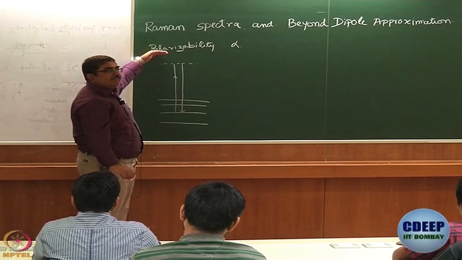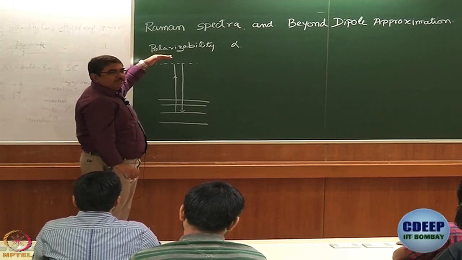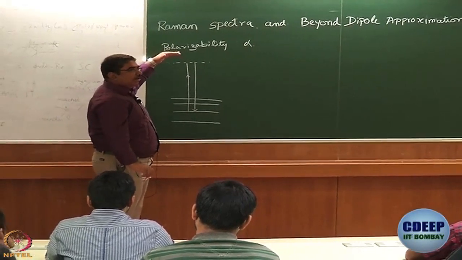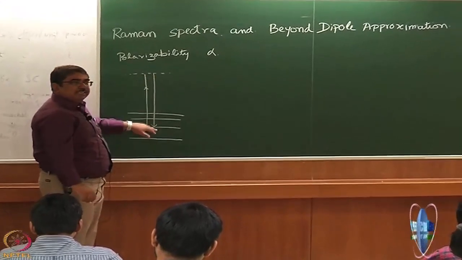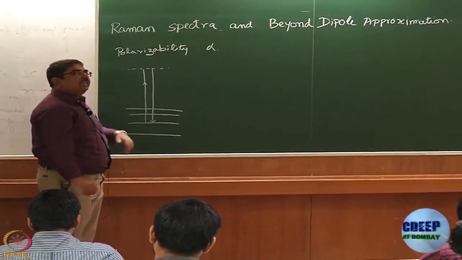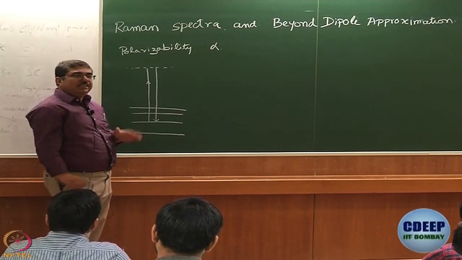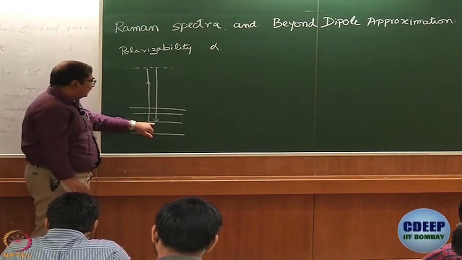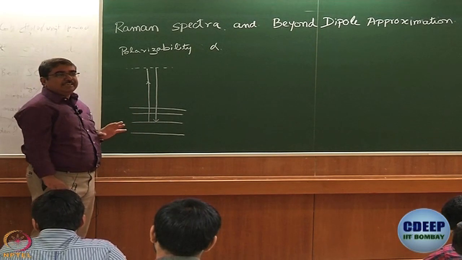Because the second level that is involved is actually a virtual level, not a real level, not a stationary state. So, first of all it is a 3-state operation, out of which the initial and the absolutely final states are stationary states, but the intermediate one is a virtual state. If it comes back to the same stationary state, what kind of scattering is it? This is called Rayleigh scattering.